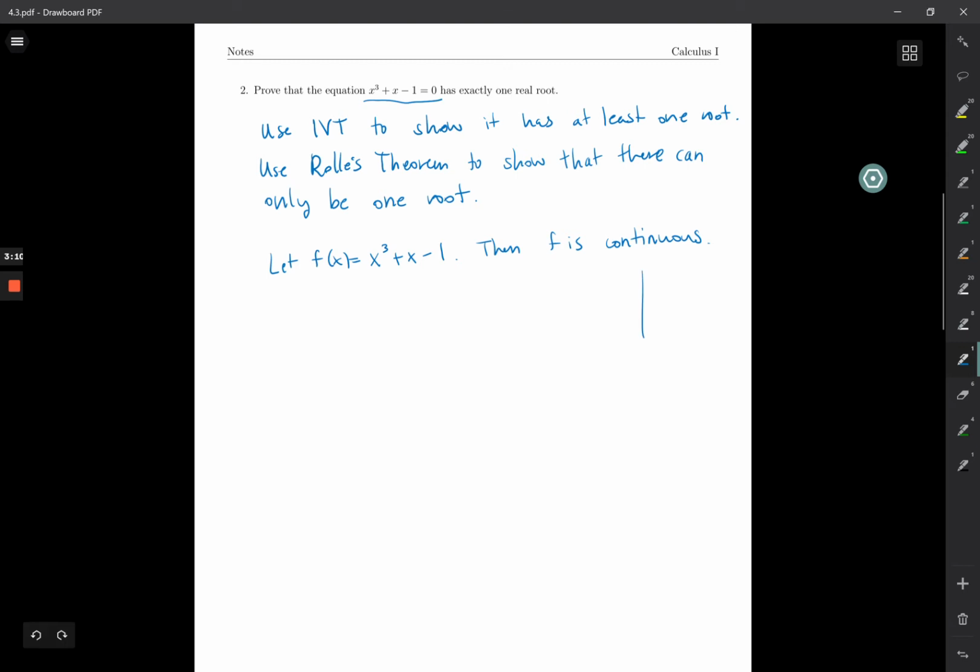Right? So the idea is find some numbers a and b such that f is negative at one of them and positive at another, and then we know that a continuous function will have to pass through 0, like right here, in order for this to be the case.